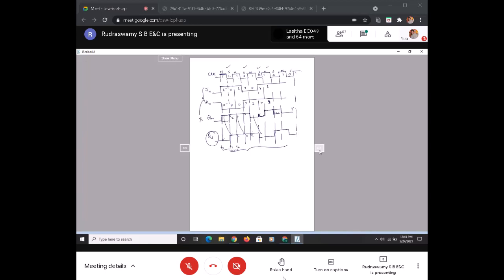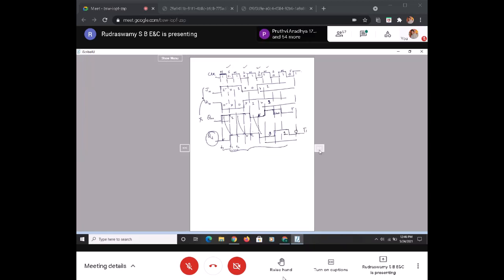So that means my QS, the slave output, even though the flip-flop is level sensitive, is not changing with respect to J and K. Whereas in the clocked JK, the moment the flip-flop was enabled, my output was changing with respect to J and K. And you can see here, the moment J and K are 1, 1, in one cycle the output will be 0, in the next cycle it will be 1, in the next cycle 0, in the next cycle 1.